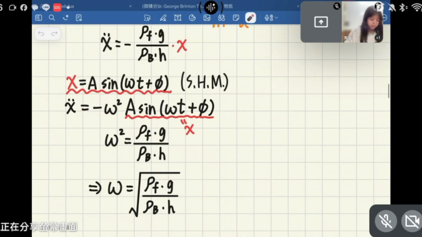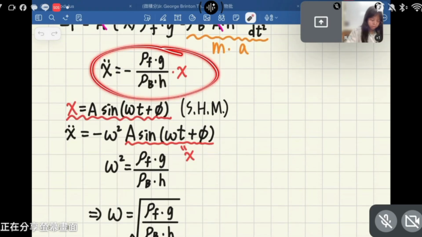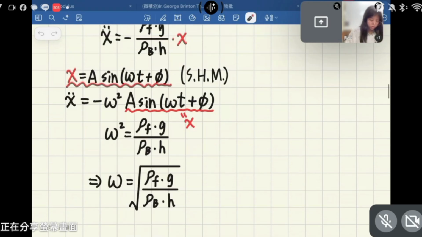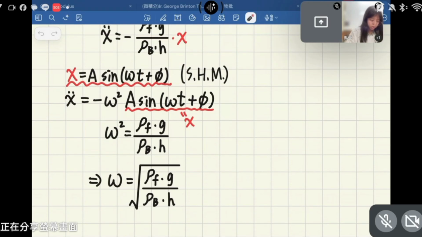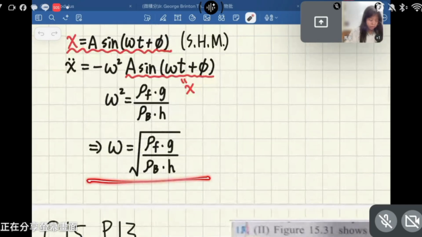Taking the second derivative of x gives negative omega squared times A sine of (omega t plus theta), which equals negative omega squared times x. Comparing the two, omega squared equals ρ_F times g over ρ_B times h. So omega equals the root of ρ_F times g over ρ_B times h.